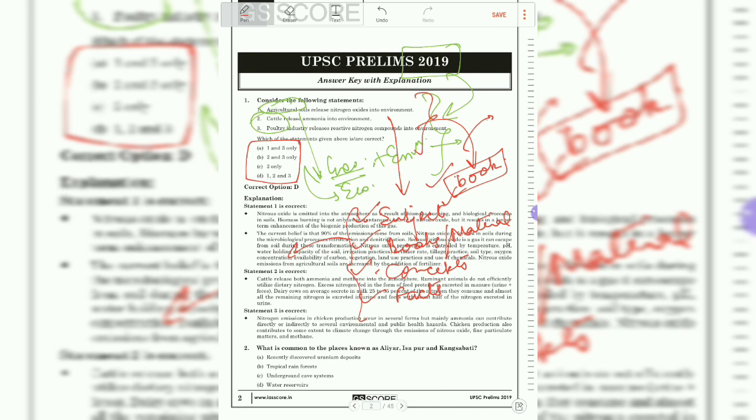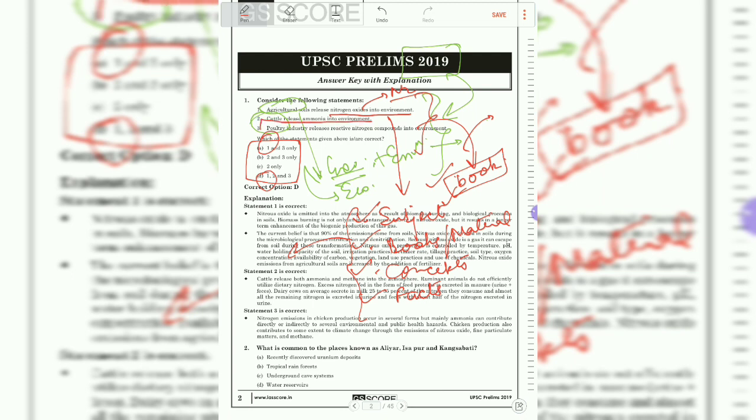For example, the first statement is: agricultural soils release nitrogen oxides into the environment. If you have read the nitrogen cycle, from there you can solve this easily. So if 1 is true, and 3 is fine, we need to only read 2.